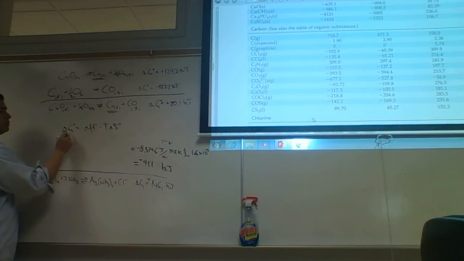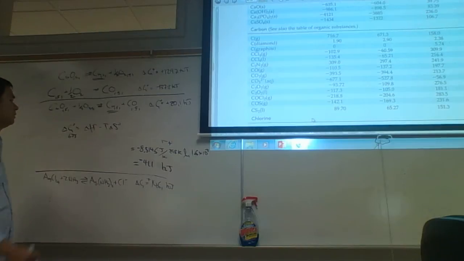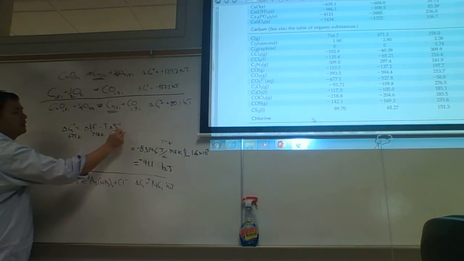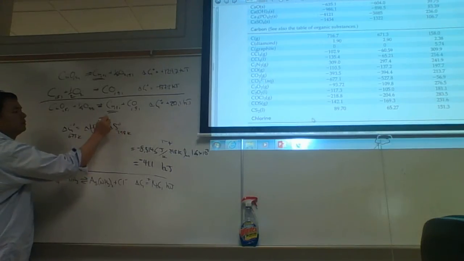And we want delta G at 673 Kelvin. But we're going to use delta H naught at 298 Kelvin and delta S naught at 298 Kelvin, hoping those aren't that different, and keep the temperature at 673 Kelvin.